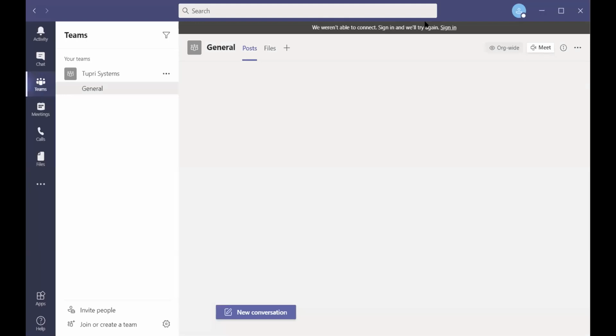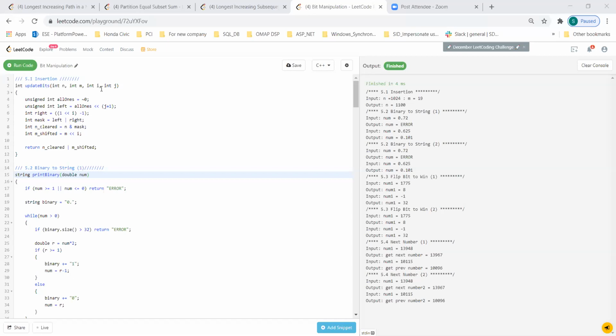I will quickly run through that implementation because it's not a very difficult one. Sorry, I just made a mess again. Okay, so this is our update bits function.